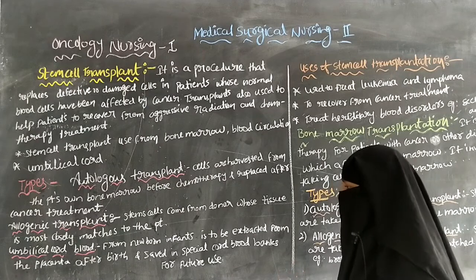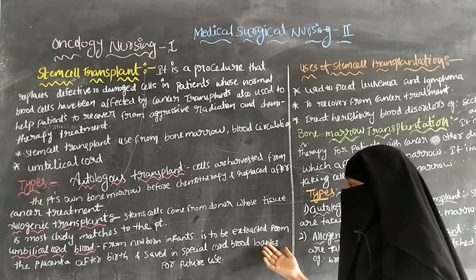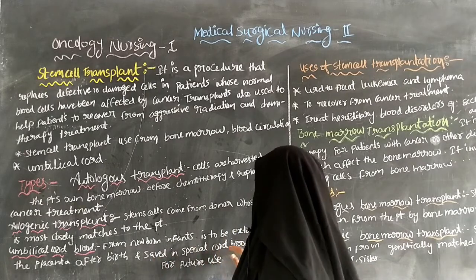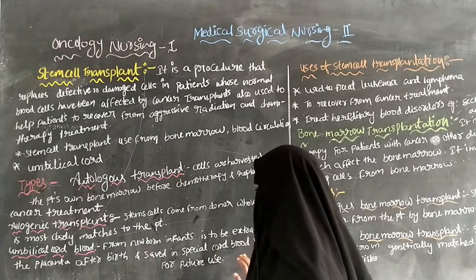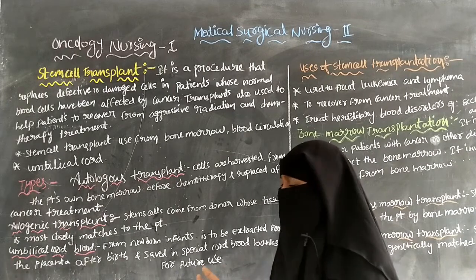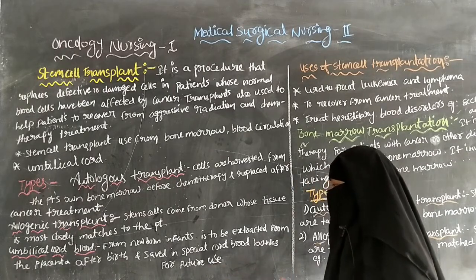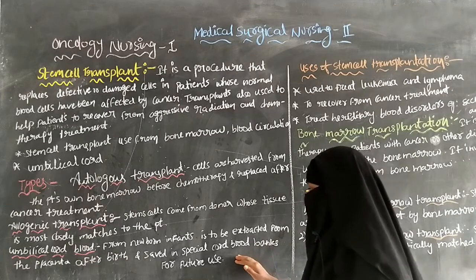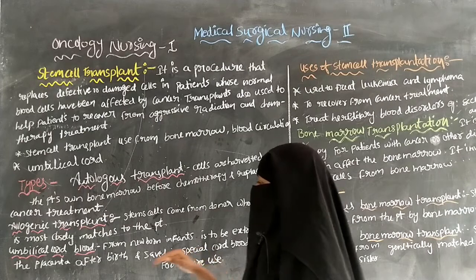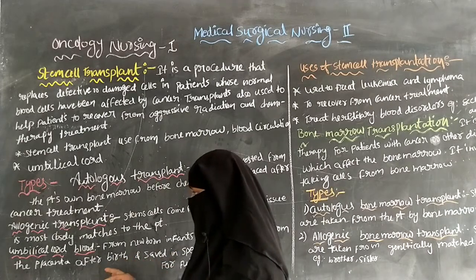After the birth we can collect the stem cells from the placenta, and they are saved in special cord blood banks for future use. So it is called umbilical cord blood.